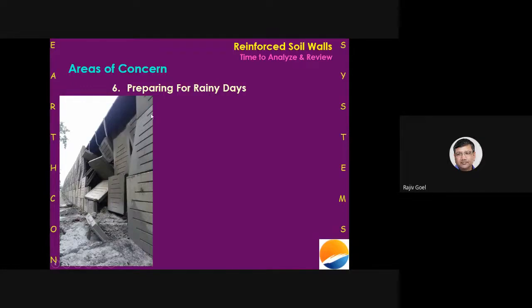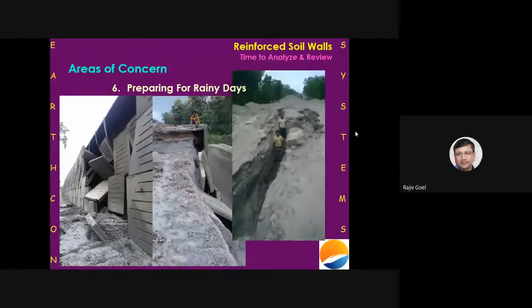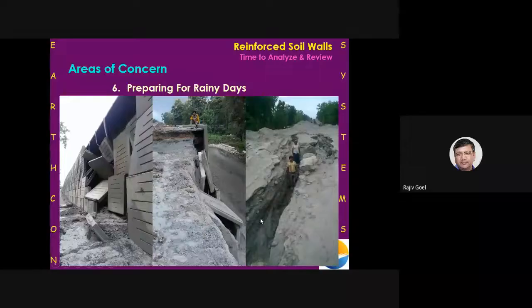But somehow, the water got into the embankment and found its way out through the fascia panels. You see, such large gully formations have happened. All the geogrids in there are destroyed.